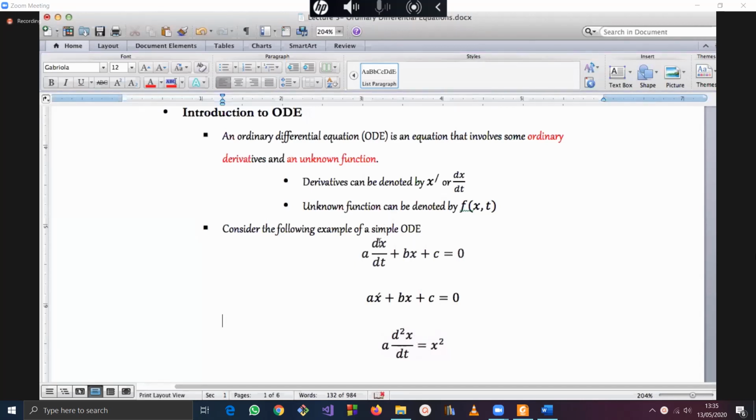Here the derivative is 1, and there is the unknown. So this is how we represent examples of ODEs.